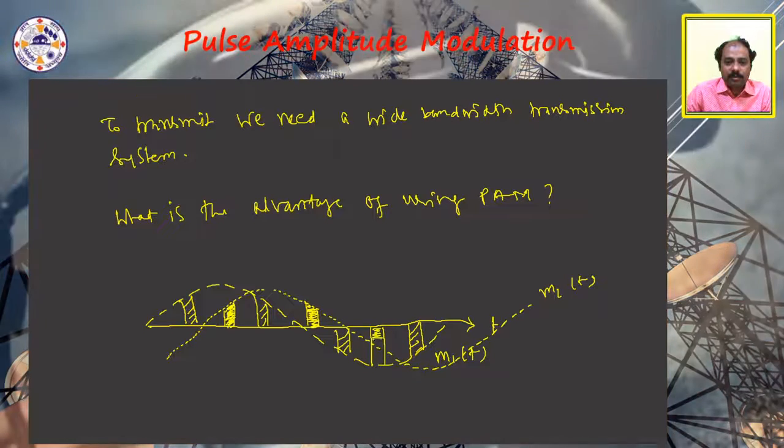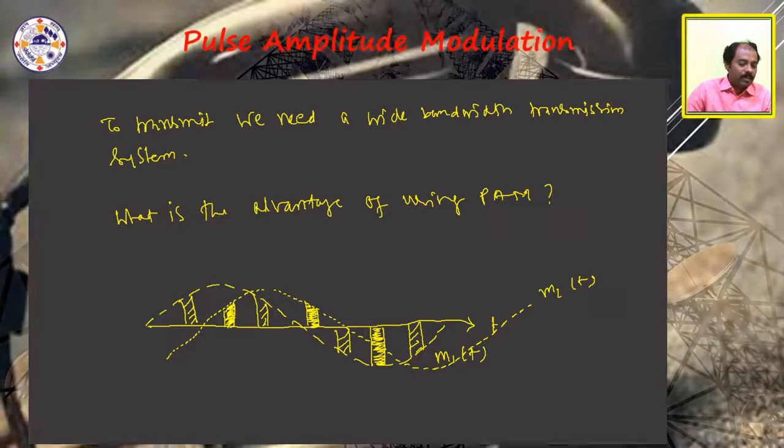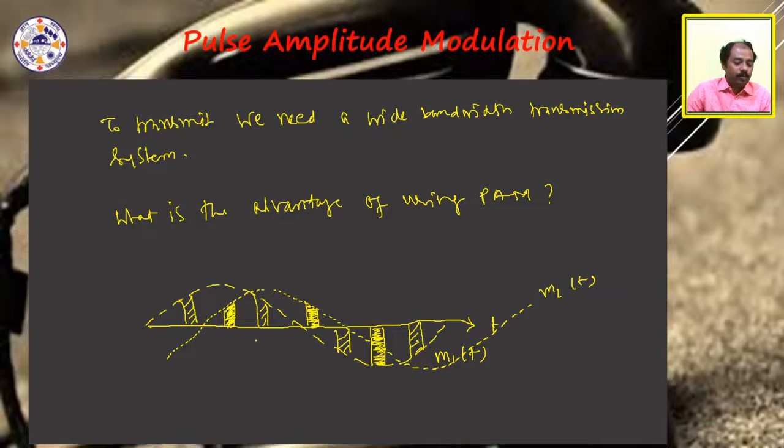What you can see from these two, from this graph, clear? You can see that the pulse modulation allows pulses carrying different modulating signal to be interleaved in time.